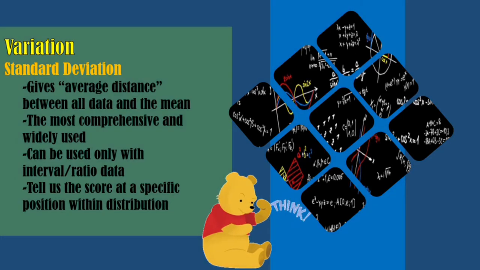The standard deviation measures the amount of variation or the dispersion of a set of values. A low standard deviation indicates that the values tend to be close to the mean of the set, and a high standard deviation indicates that the values are spread out over a wider range.